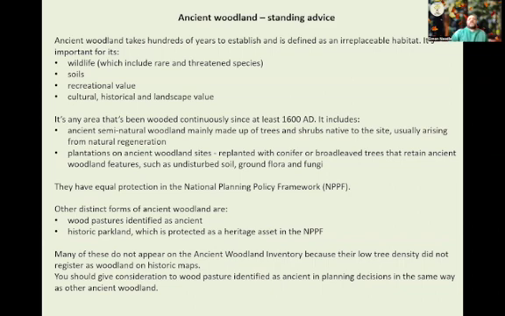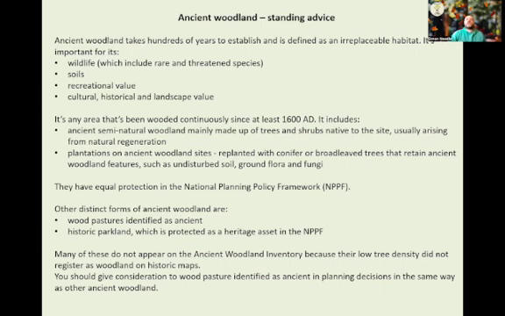Ancient woodland is anything that's been continuously wooded since 1600 AD, and that includes ancient semi-natural woodland made up of trees and shrubs native to the site. We also have plantations on ancient woodland sites, often called PAWS. They might be areas that were broadleaf trees that retain some ancient woodland features, but were planted with conifer or other species.